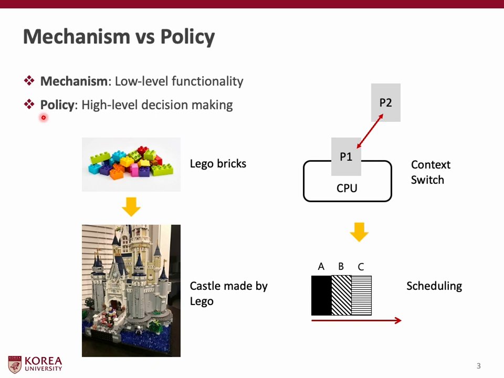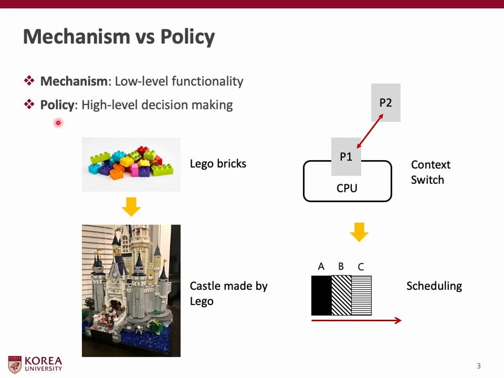Before we get into scheduling, it's important to first understand the difference between mechanism and policy. These are two key aspects we always consider when designing computer systems. First, a mechanism refers to the low-level functionality of the system, that is, the components that provide the basic operations.